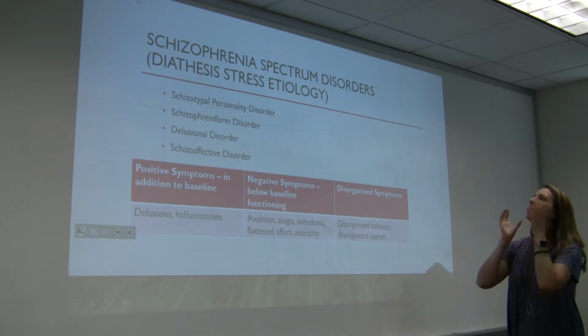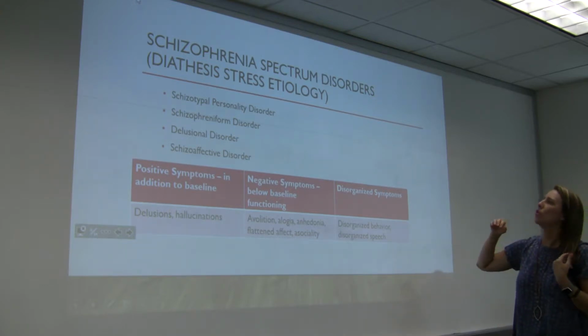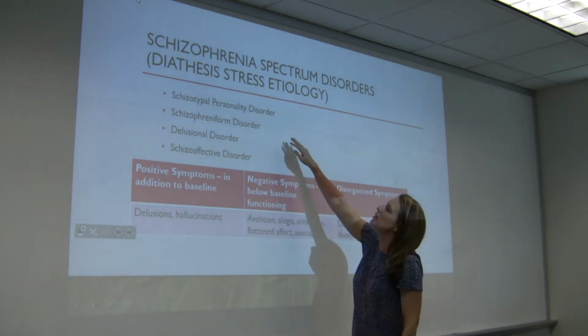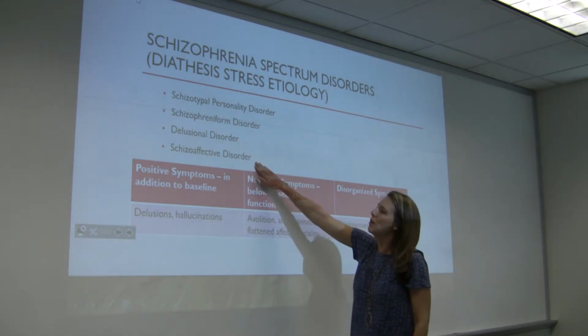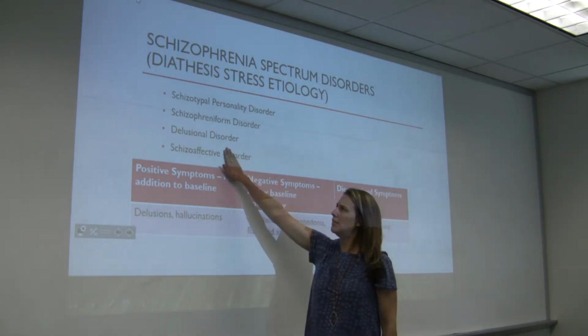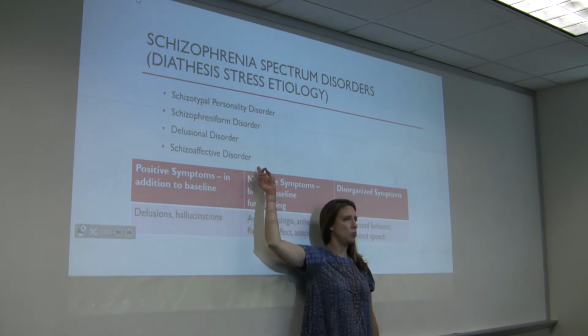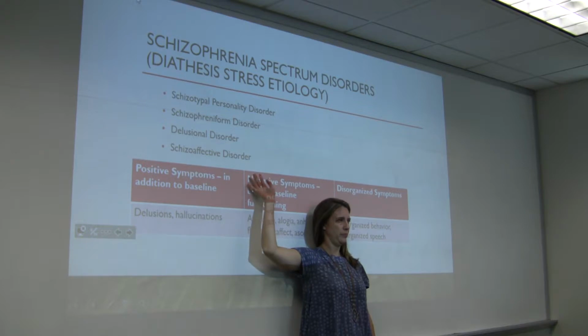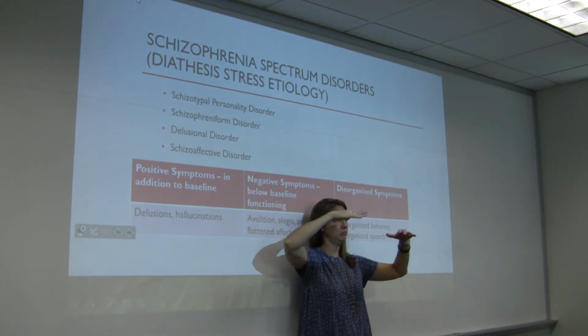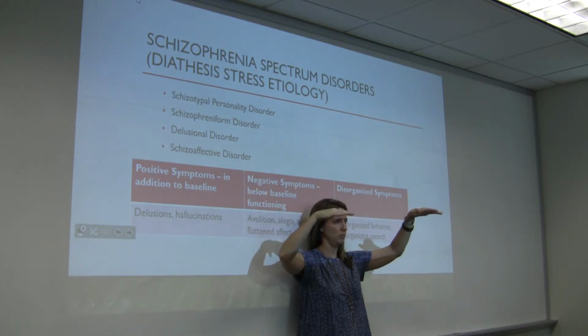Okay. So your schizophrenia spectrum disorders are going to include schizotypal personality disorder, schizophreniform, delusional, schizoaffective. Schizoaffective, I think there is actually a question about that. That is when you have comorbid schizophrenia symptoms and mood disorder symptoms.